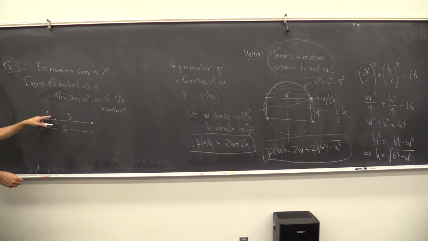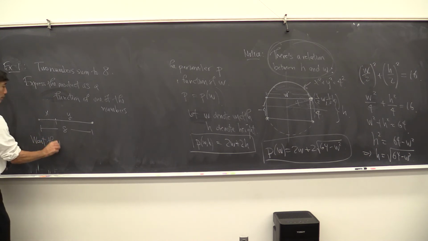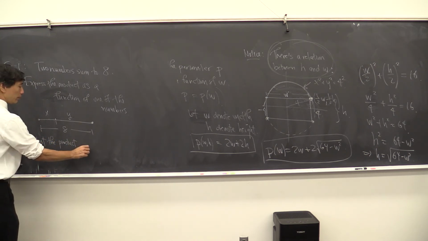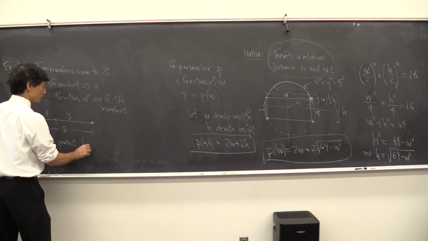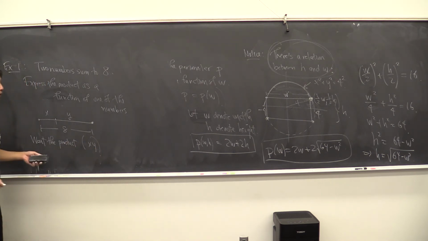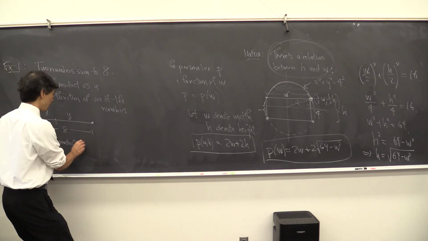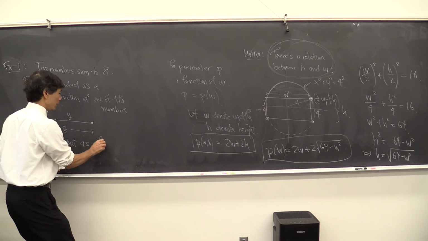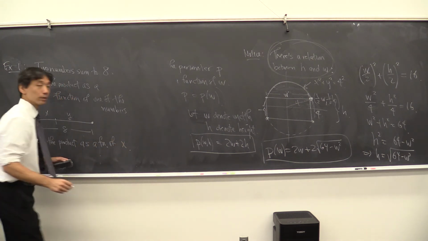I'm going to call the first one X, the second one Y. And I want the product, which is XY. You want to express it as a function of just one of the numbers, say X.